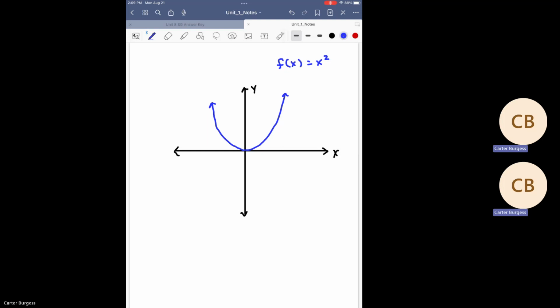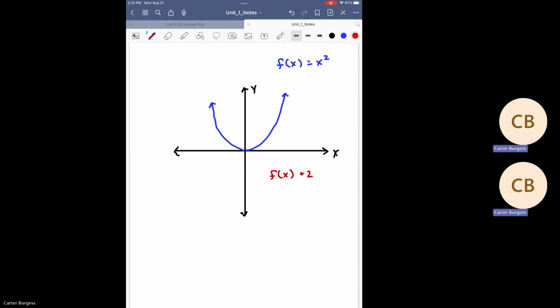If I wanted to shift this quadratic, if I wanted to shift my function up by 2, what do I do to all of my outputs? Increase them by 2. In other words, I would take f of x and take whatever output is normally at this value of x and add 2. And what do we get?